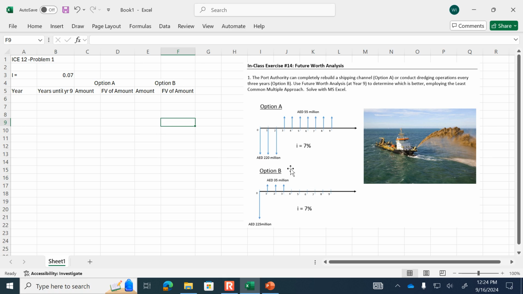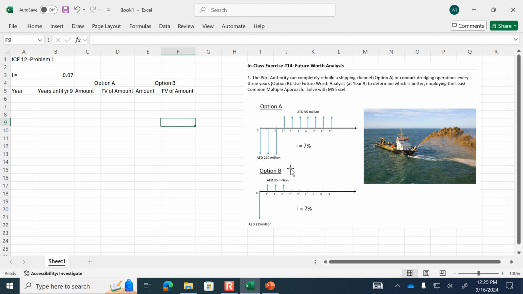We have to buy it again in year 3. And then buy it again in year 6. And then when we buy it in 0, we get 3 years of revenue: 1, 2, 3. We buy it in 3, we get 3 more years of revenue: 1, 2, 3. We buy it in 6 and get the final 3 years of revenue, and it goes through the whole 9-year sequence.